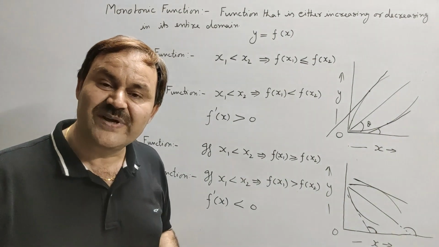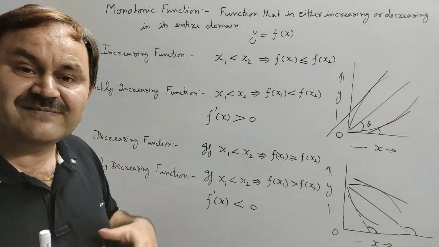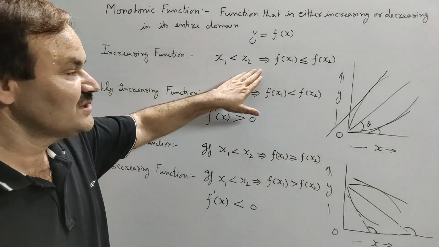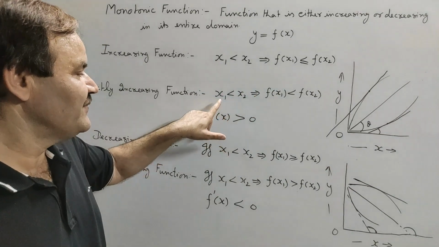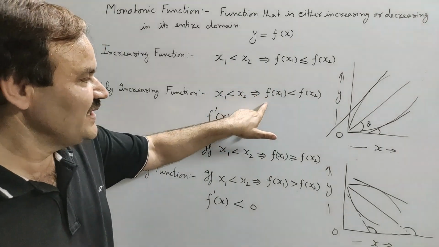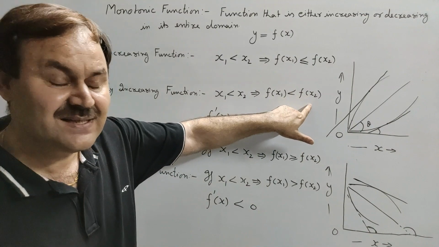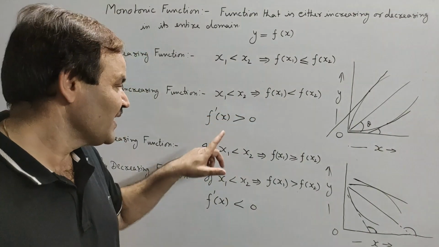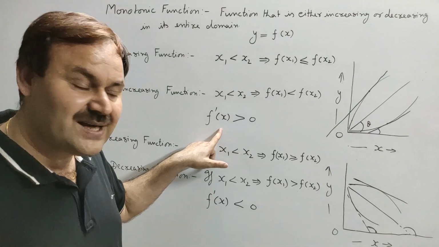Thus, there are two ways of determining whether the function is decreasing or increasing. For an increasing function, if x1 less than x2 implies f(x1) less than f(x2), we will say that the function is increasing. But there is another way also.